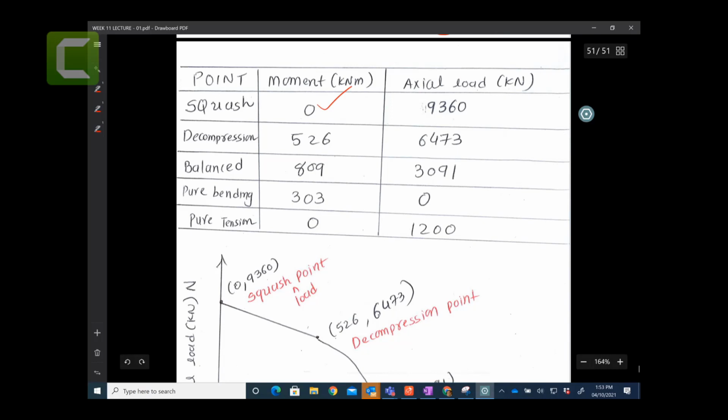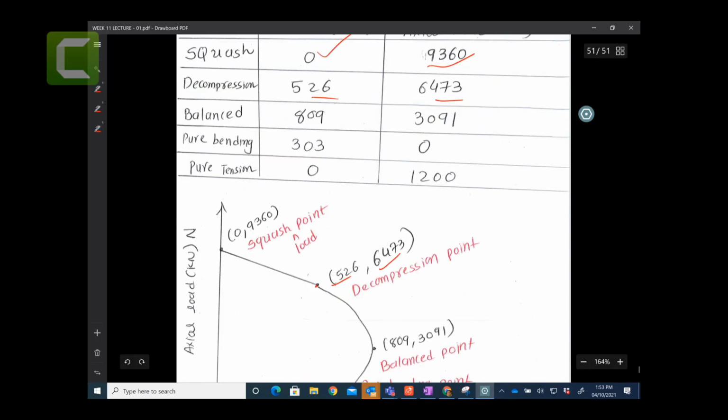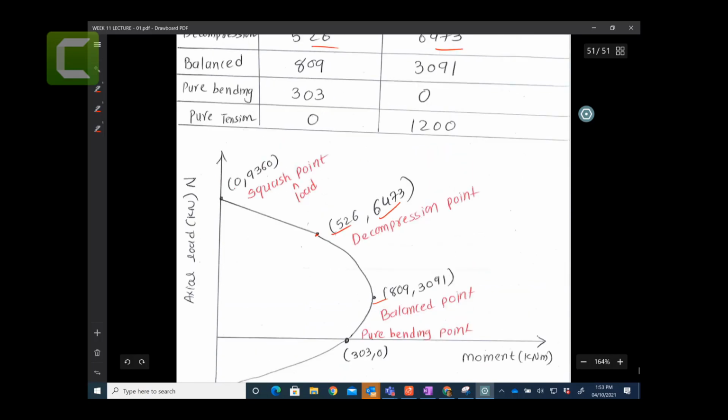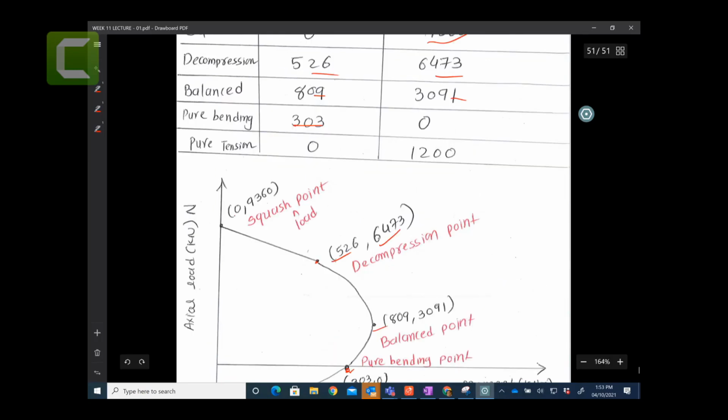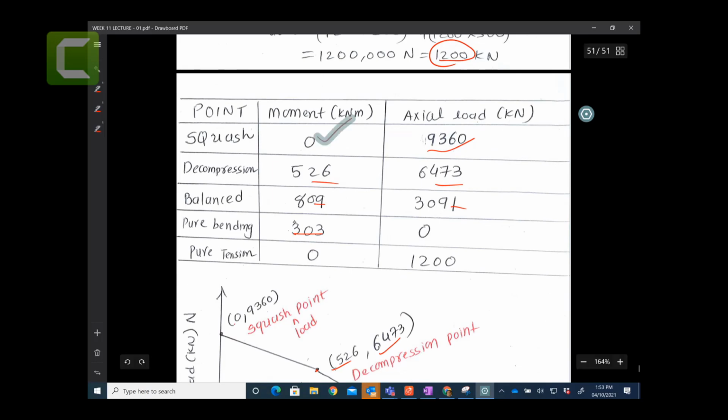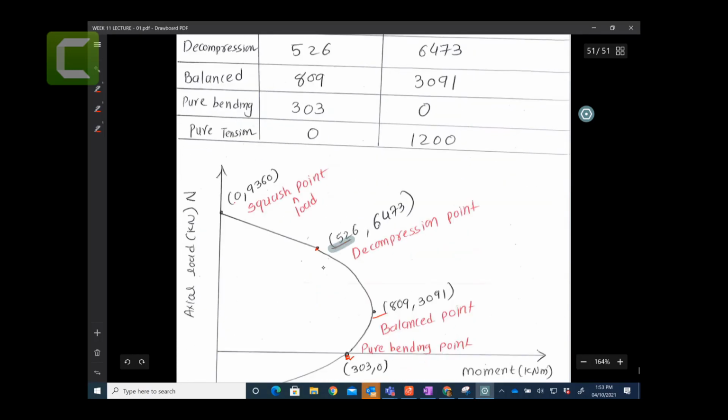First one is moment is 0, you have this value, then you have these values, and then you have the balance point, and then you have the pure one, and then you have 0 moment, and you have this tensile force. So I hope you understand that. Sorry, the last, the pure one, I just quickly ran through, but if you go through these notes, I'm sure you will follow it up, because it's just the same as before.